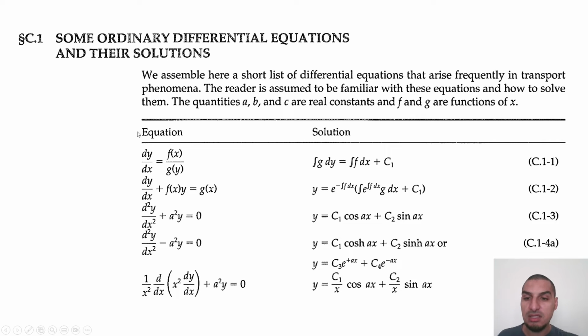This is a table of some common differential equations and their general solutions. And here you would see different forms of the equations, and this is the shape of the equation that we have in our case. It's a second derivative minus a constant multiplied by the dependent variable. And this is why I put the equation in this form.